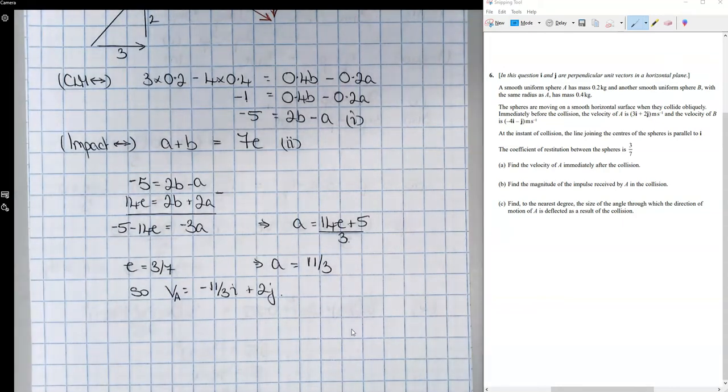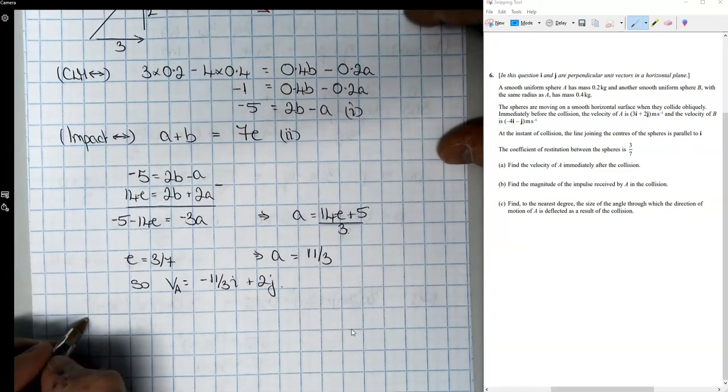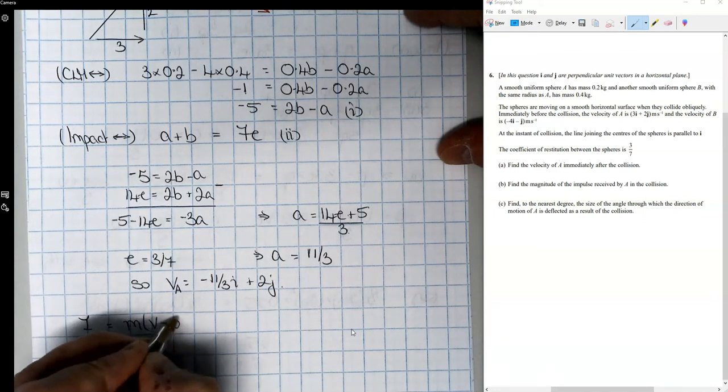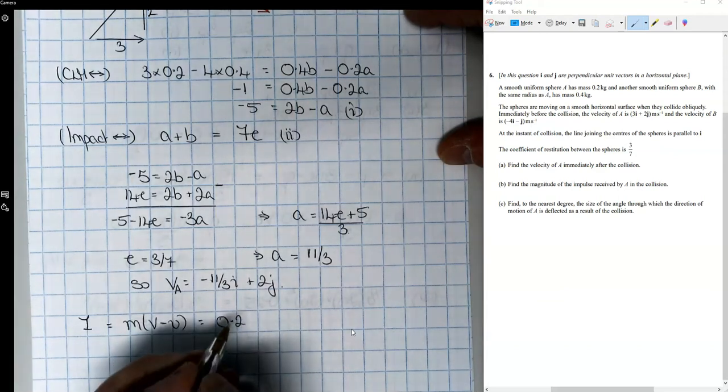Velocity of A. Find the magnitude of the impulse received. So impulse is change in momentum. Mass times change in velocity.